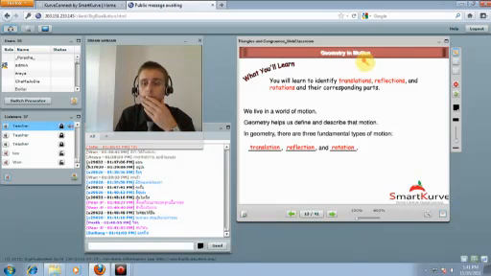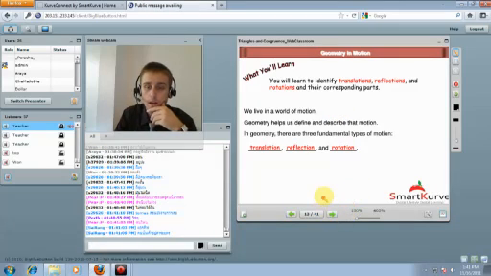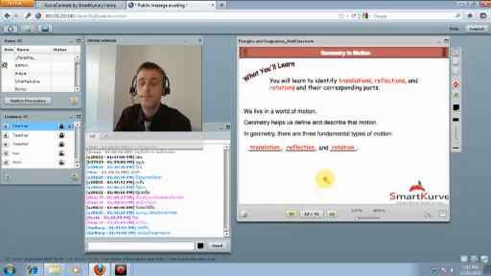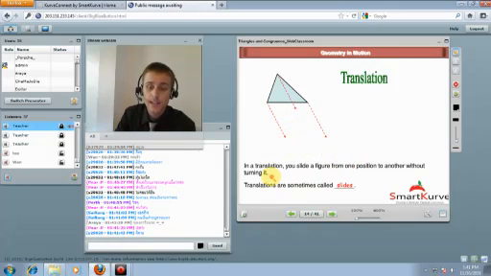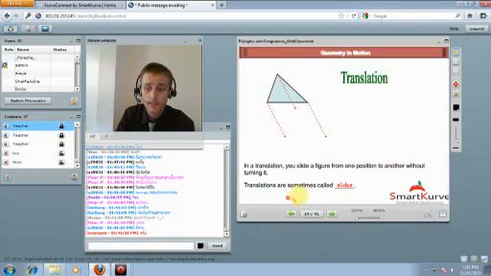Okay. Translations, reflections, and rotations. In geometry, there are 3 fundamental types of motion: translation, reflection, rotation. In translation, you slide a figure from one position to another without turning it.